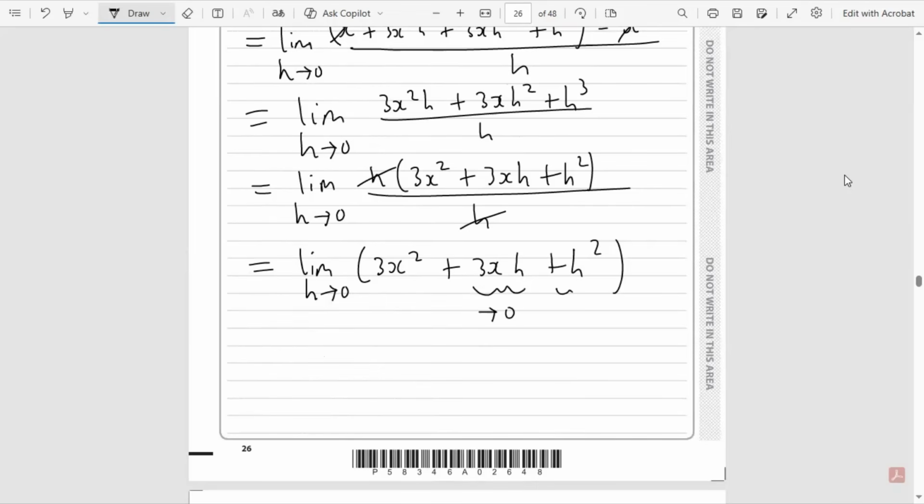Same with this last term, this h squared. If h goes to 0, then h squared will tend to 0 as well. So this tends to 0. So what happens now is we're just left with literally 3x squared, and that's our derivative there. There is obviously no h in that term there, so this just literally tends to 3x squared like so. So our final answer is 3x squared. So therefore we have proved the derivative of x cubed is 3x squared.